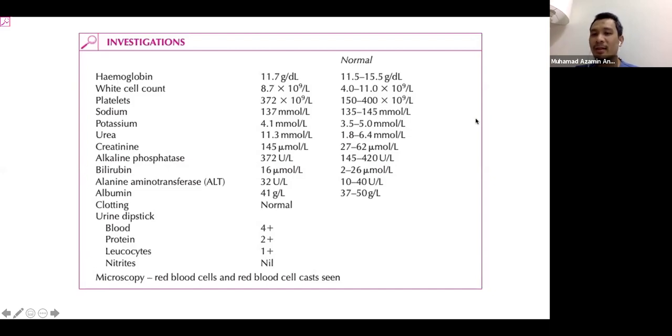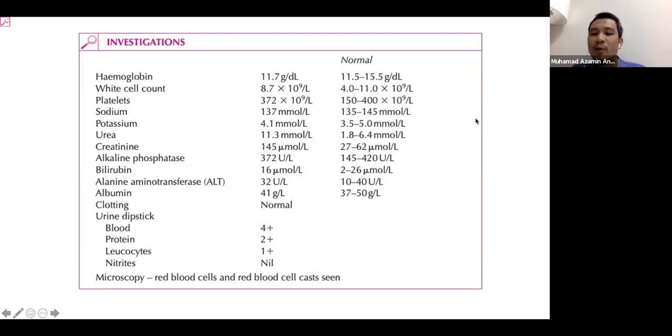So that means it is not renal pathology in that particular red colored urine, because there could be other causes for red colored urine, not just blood. So in this case, you agree that there is evidence of nephritis with acute kidney injury due to the raised urea and raised creatinine.